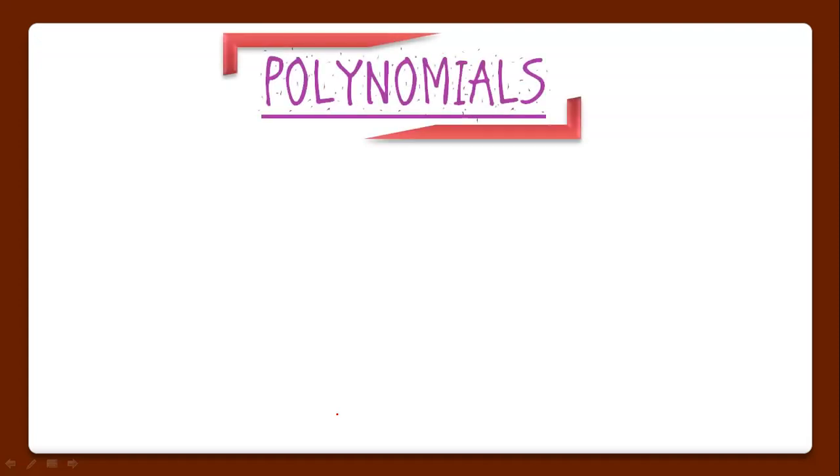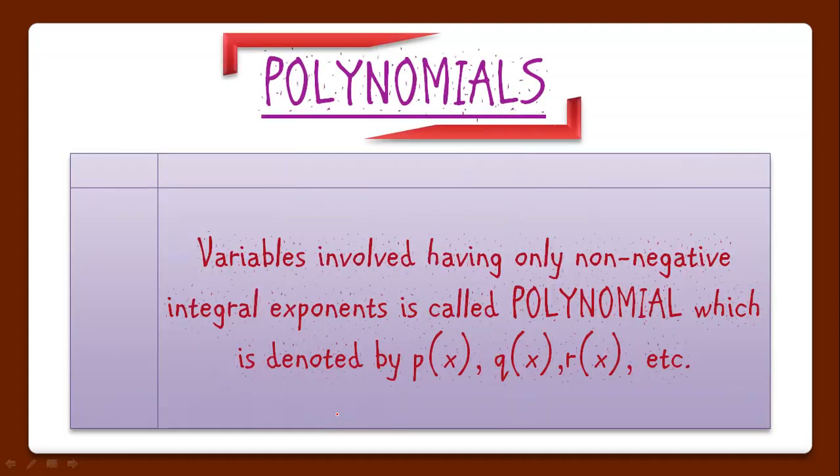Now we can define what polynomials are. An algebraic expression in which the variables involved have only non-negative integral exponents is called a polynomial, which is denoted by p(x), q(x), r(x), etc. When the powers of the variable are non-negative integers, meaning whole numbers, it can be 0, it can be 1, it can be 2 and so on, but it must not be negative or any fractional number, then it is called a polynomial.